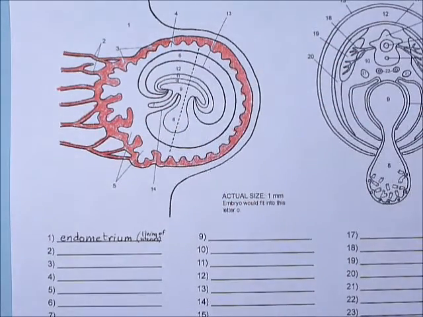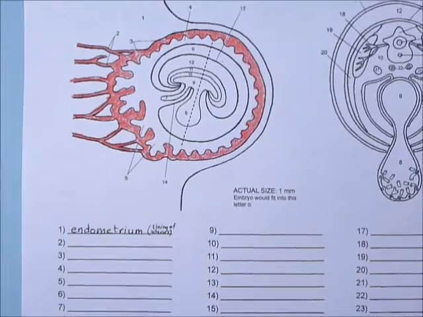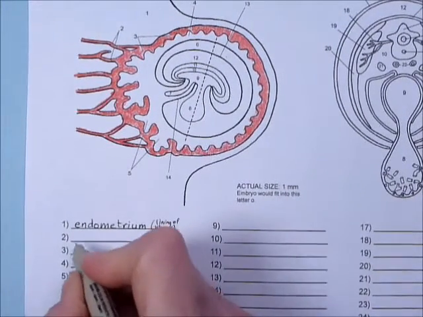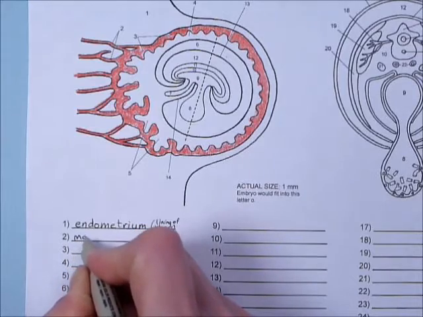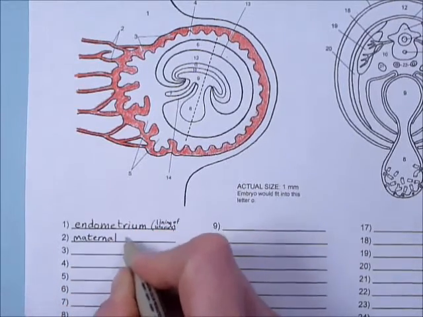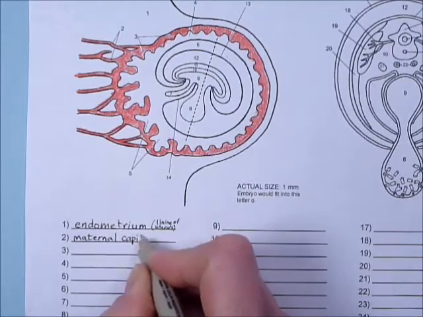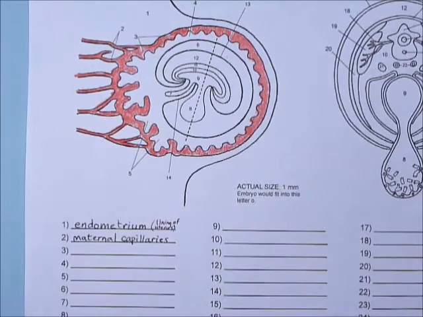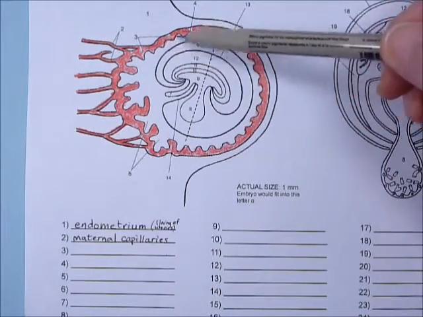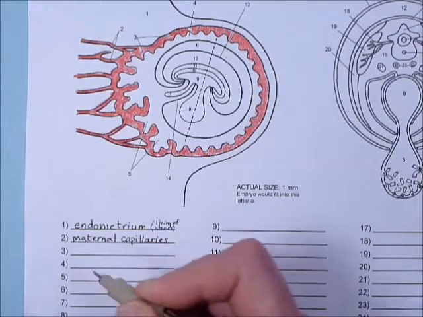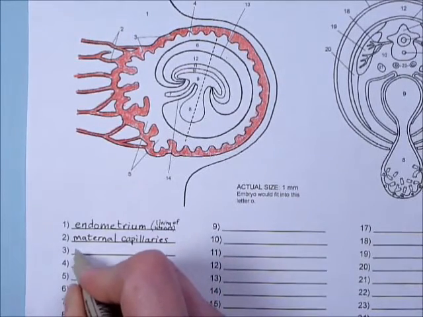Okay, so let's label number 2 here as maternal capillaries. And then 3, we're just going to write maternal blood. I'm not going to make you learn the word lacuna right now.